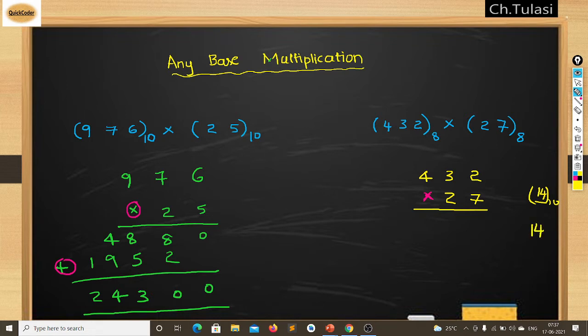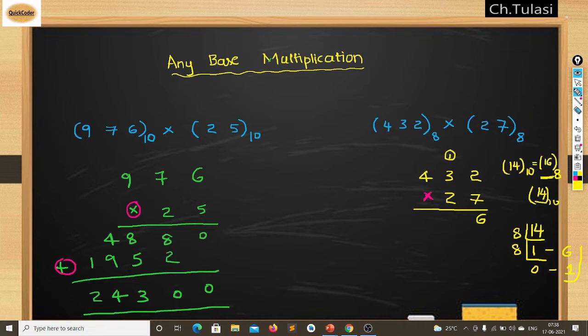Simply 14 divided by 8: one time, and the remainder is 6. Then 8 into 0 times, and the remainder is 1. So 14 base 10 can be represented as 16 to the base 8. 16 is the octal number. So let's take 6 here and 1 here.